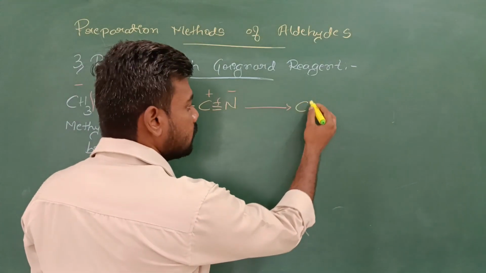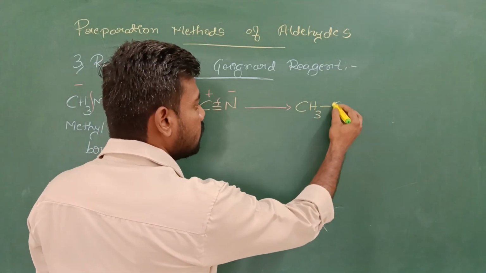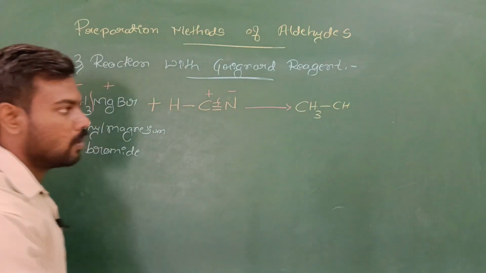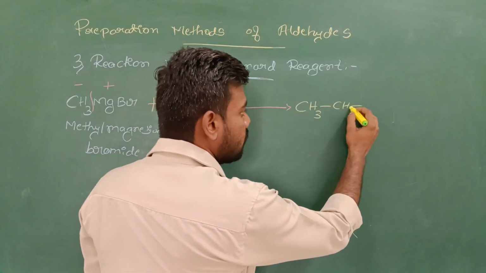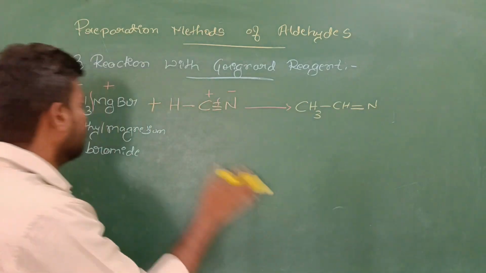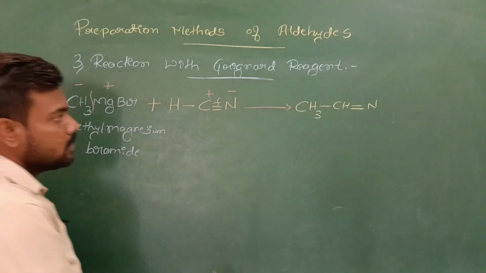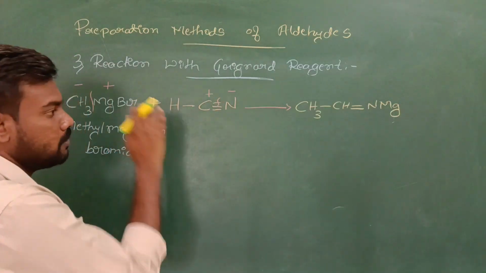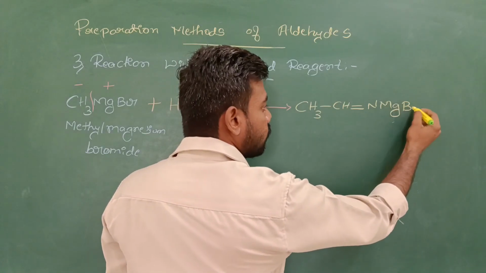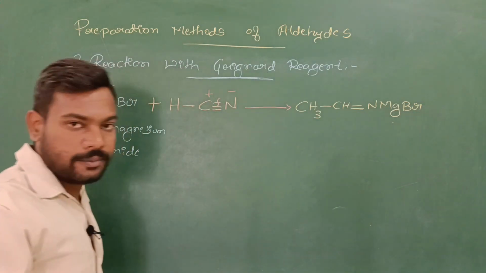For example, see here, CH3CH=N bonded with magnesium bromide. Clear?